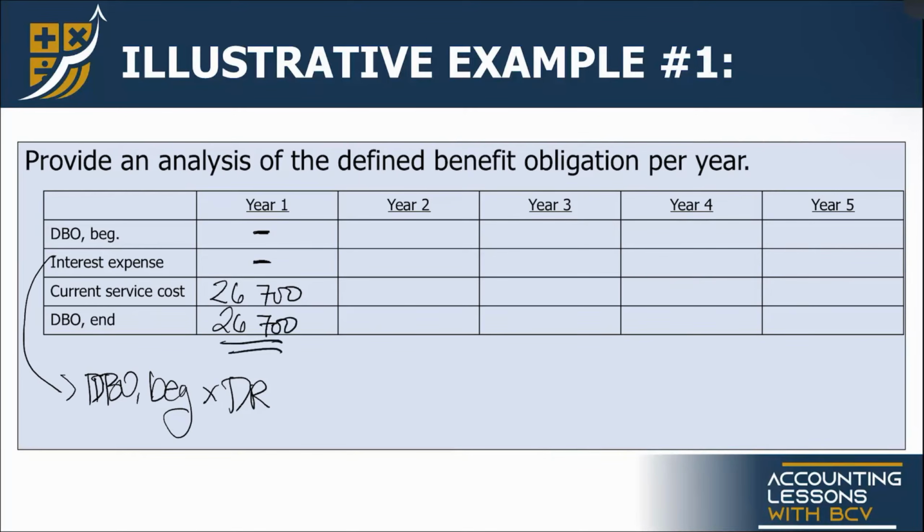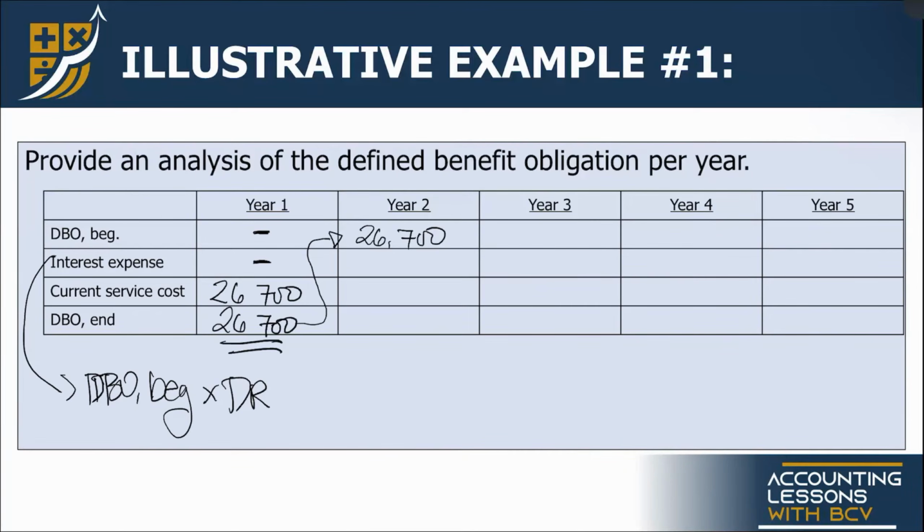Then, when we get to year 2, that will accumulate. It becomes the beginning balance of year 2. Since we now have a DBO beginning balance, we now have interest expense. For the discount rate, we use the same discount rate as earlier, which is the 10%.